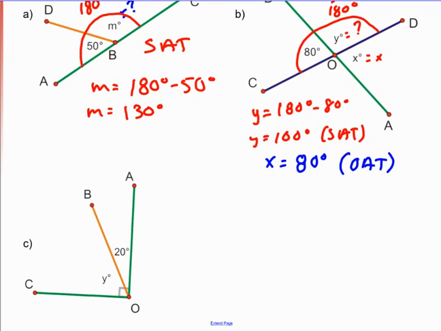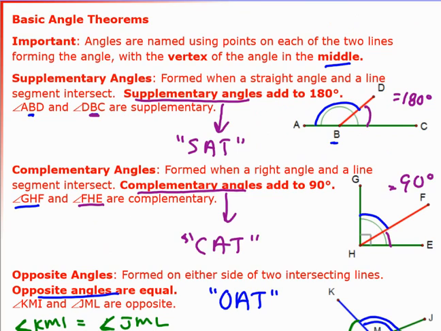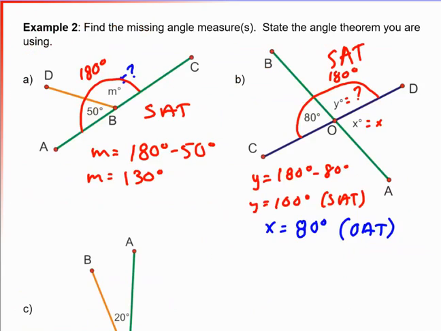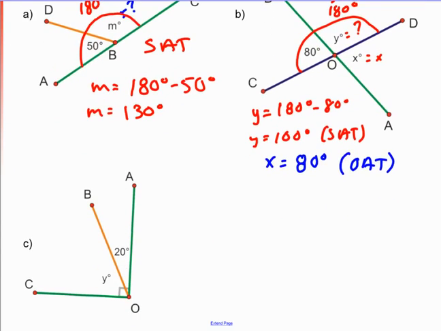Well, we haven't seen a complementary angle, but here we go. So 90 degrees. Okay, we want to see again what it should add up to, which is 90 degrees, and we can do the math. So we're going to use CAT. All right, and I want you to pause the video and figure out what y is equal to.